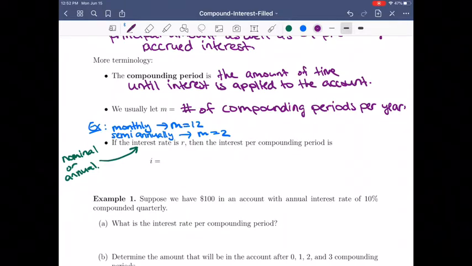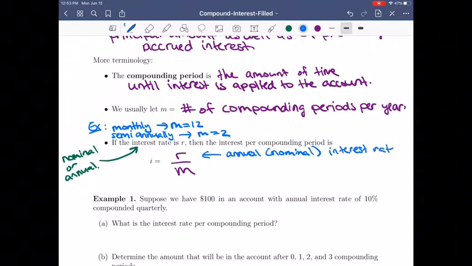We call that I, and it's going to be the annual interest rate over the number of compounding periods per year. So this is the annual or nominal interest rate, and this is the number of times per year that you accrue interest. That's how you find your interest rate per compounding period.